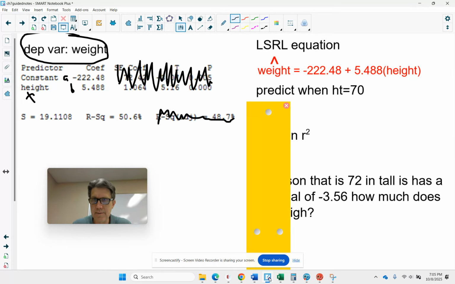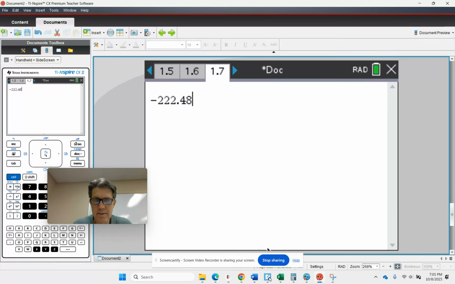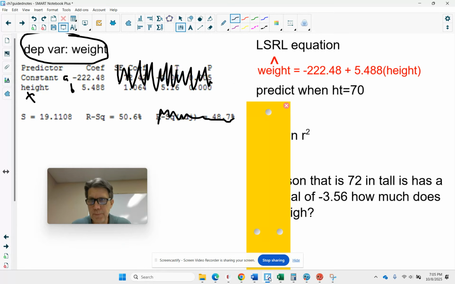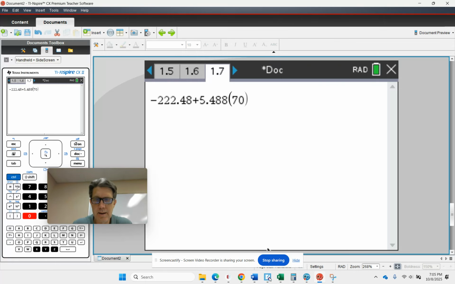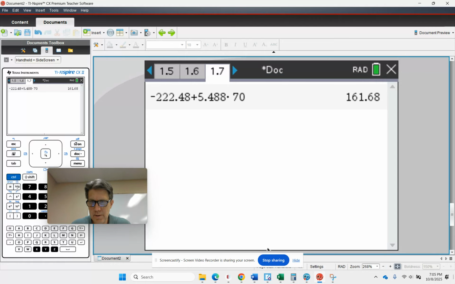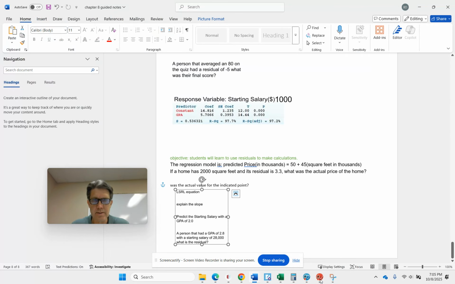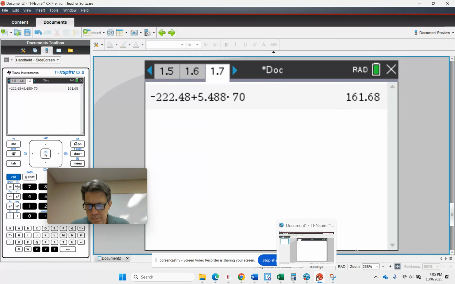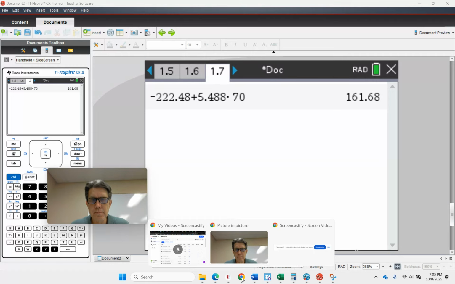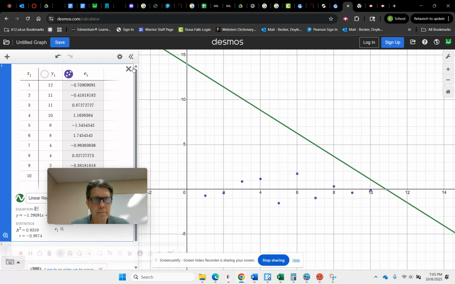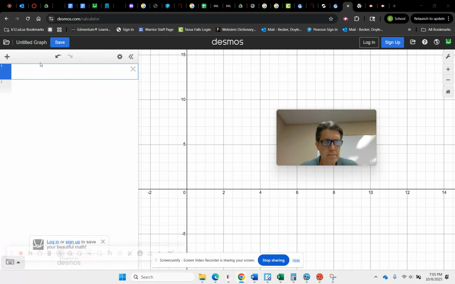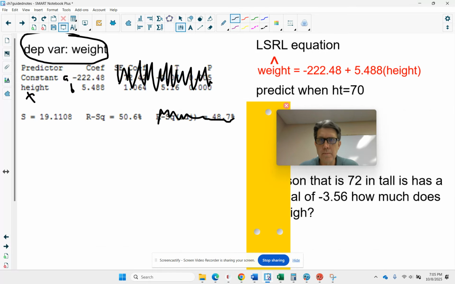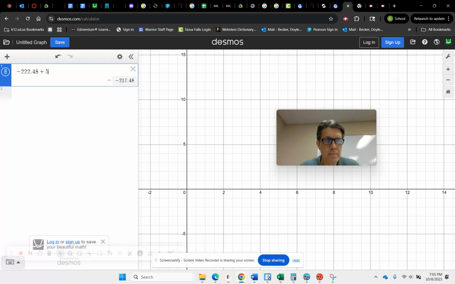I don't know why I couldn't get that off there. 0.48 plus 5 point something, 488 times, I think it was 70. Now, if you do it on Desmos, it's the same thing.